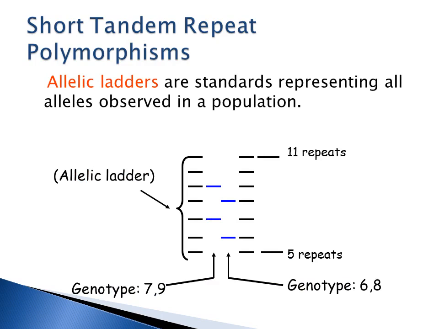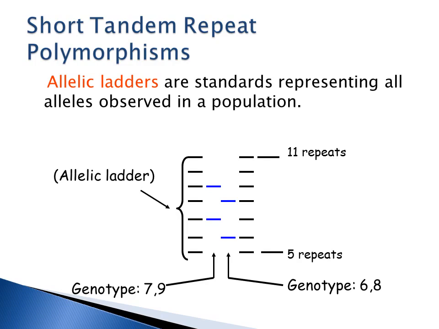You can use allelic ladders to standardize your short tandem repeat polymorphism. So these allelic ladders are standards that represent all of the alleles that are observed in a population. So for example, in this allelic ladder, the bottom band indicates 5 repeats and the top band indicates 11 repeats.